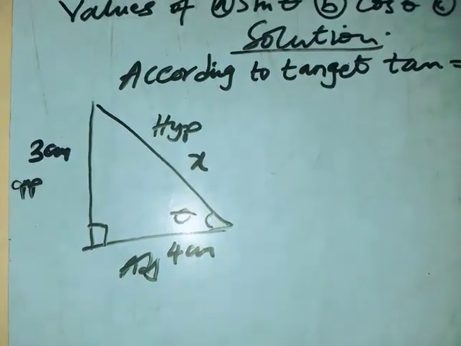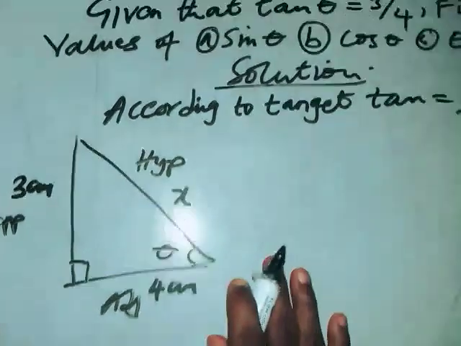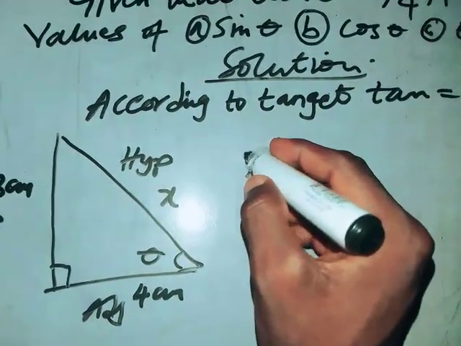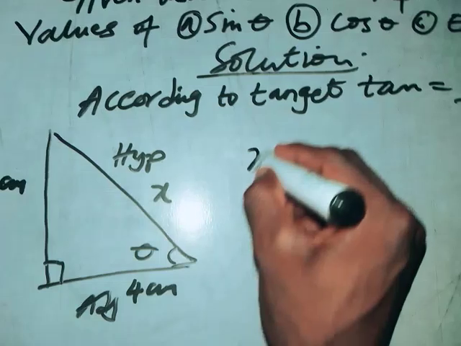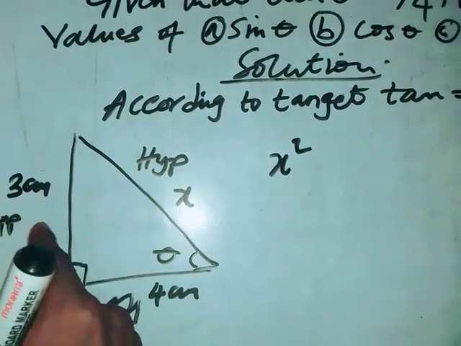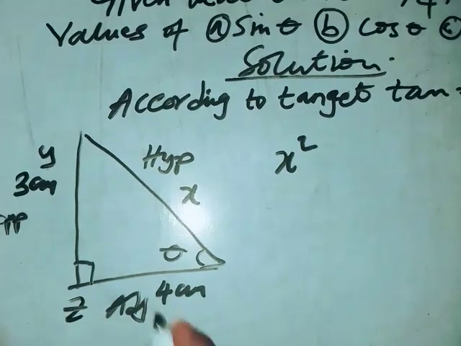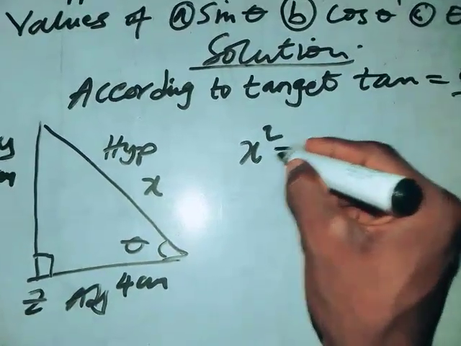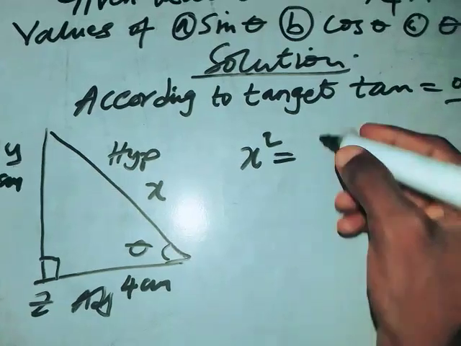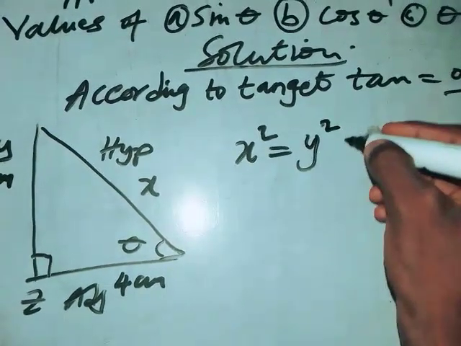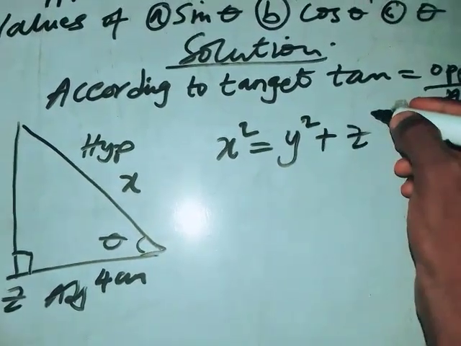So by the formula, x square, I can call this side y and this side z, so x square is equal to y square plus z square.